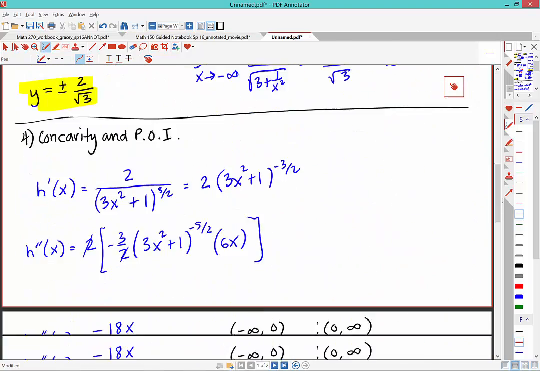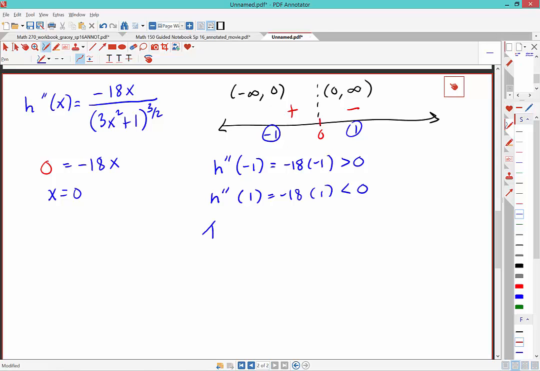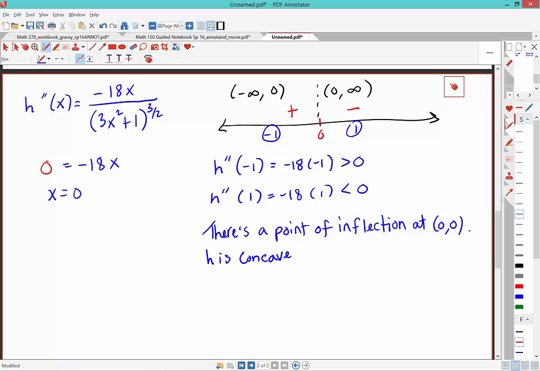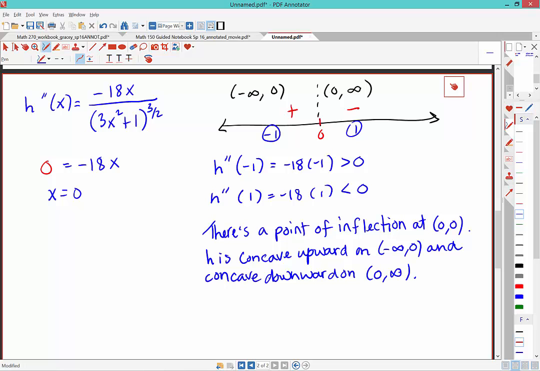So there's a point of inflection at 0, 0, and h is concave upward on minus infinity to 0 and concave downward on 0 to infinity. So these are all useful items.